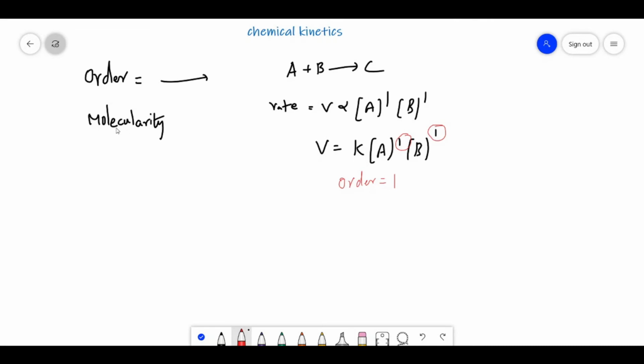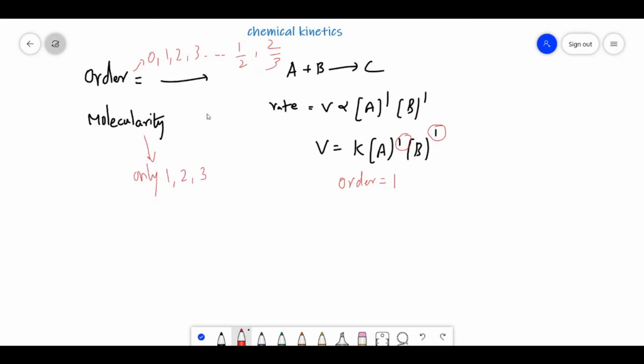And next, when coming to molecularity, molecularity is different. It has values only 1, 2, 3, whereas order can have 0, 1, 2, 3, and so on, and also fractions like 1 by 2, 2 by 3. So it can be any number.